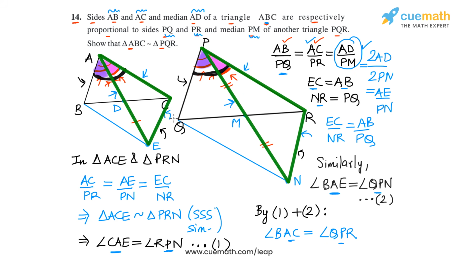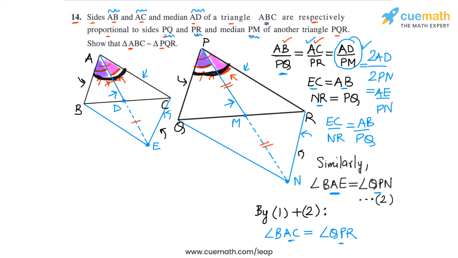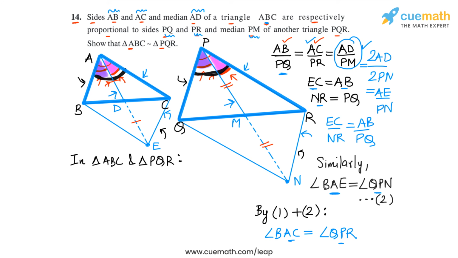So let's do that. So now we are going to compare triangle ABC and triangle PQR. Okay, so in triangle ABC and triangle PQR, we were already given that AB by PQ is equal to AC by PR. This was already given to us.